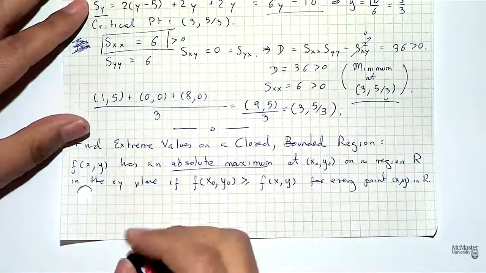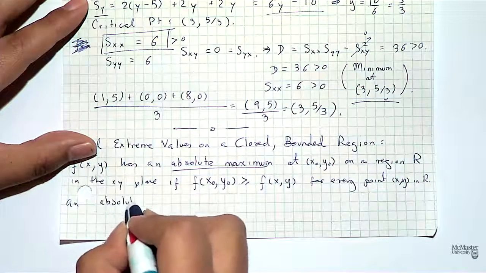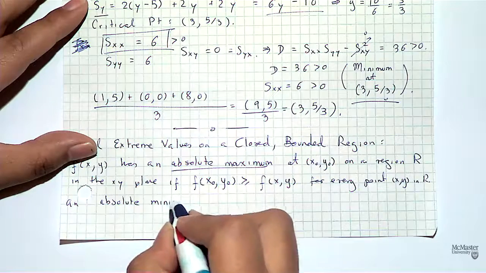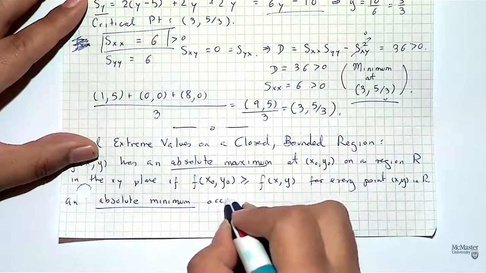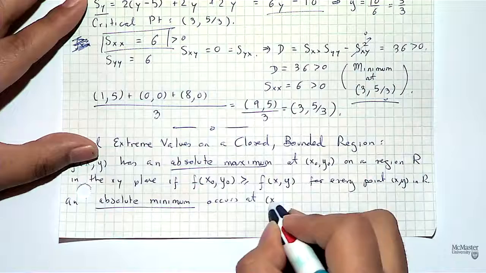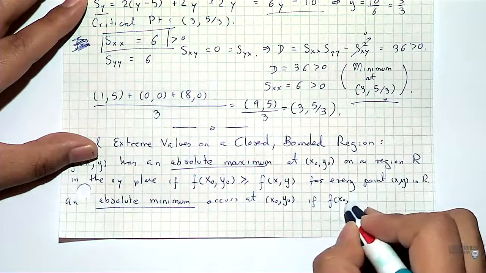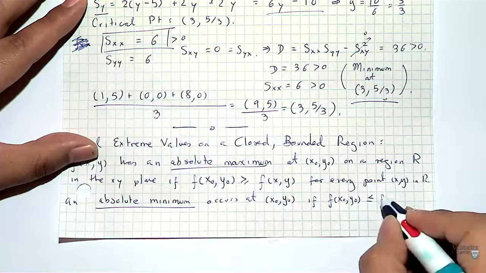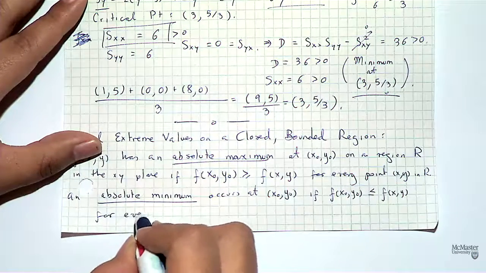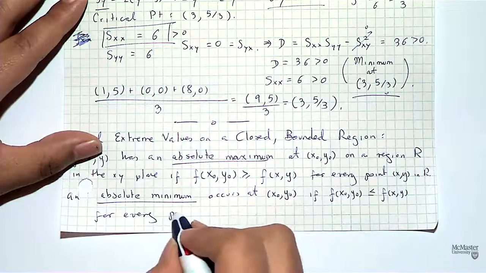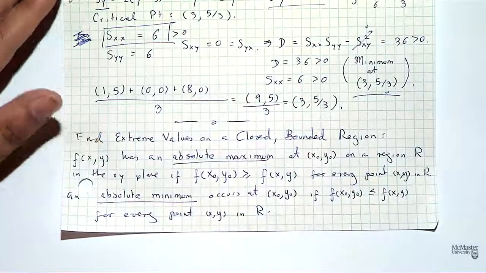There is an equivalent definition for absolute minimum, which is that an absolute minimum occurs at the point x naught, y naught, if f evaluated at that point is less or equal than f at any other point for every point x comma y in the region.